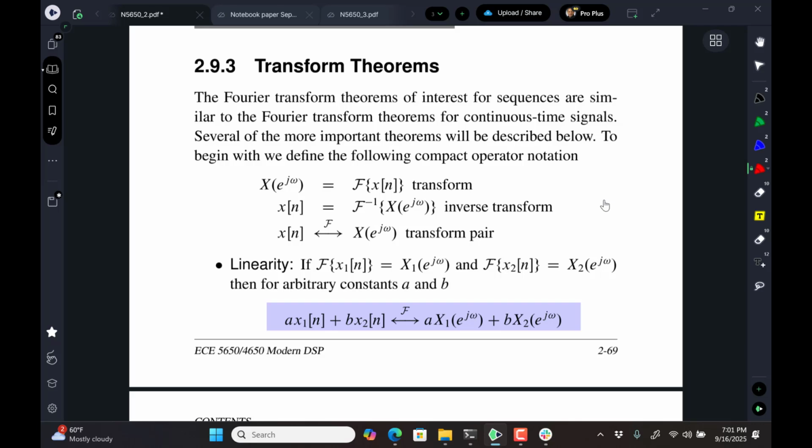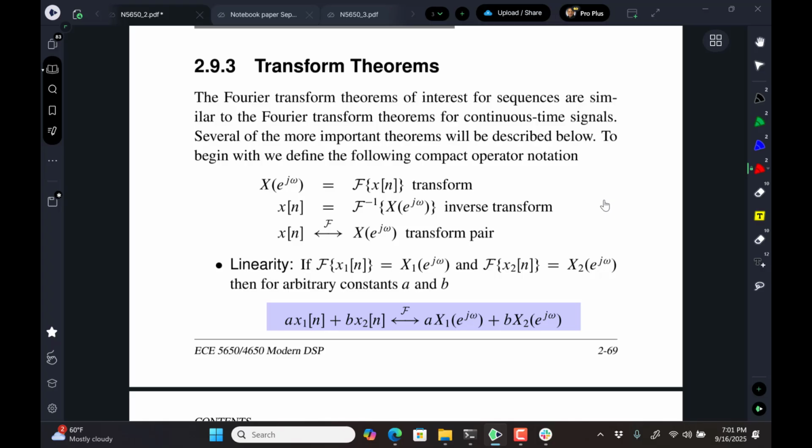And these theorems, we assume they exist. And then script F to the -1 means it's the inverse Fourier transform. And then a pair is x and capital X next to each other with a double-ended arrow with the F over the top, just meaning it's a transform pair.